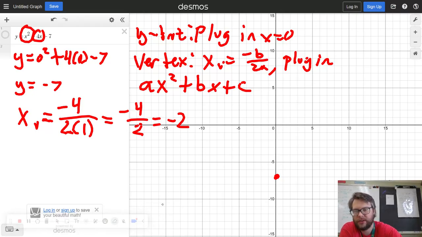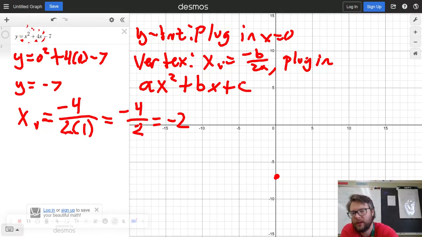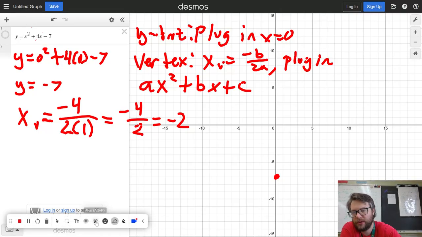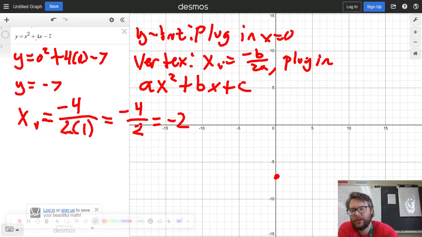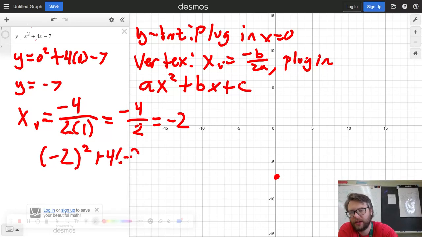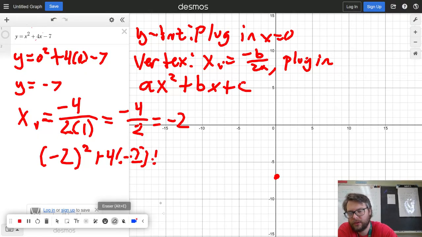Now take the negative 2 and plug it into the equation. It's good practice sometimes to do this by hand, especially when the numbers are small, but you can also type this in. I'll show you doing it by hand. Negative 2 squared, I'm just looking at my equation, plugging in x, which is negative 2.